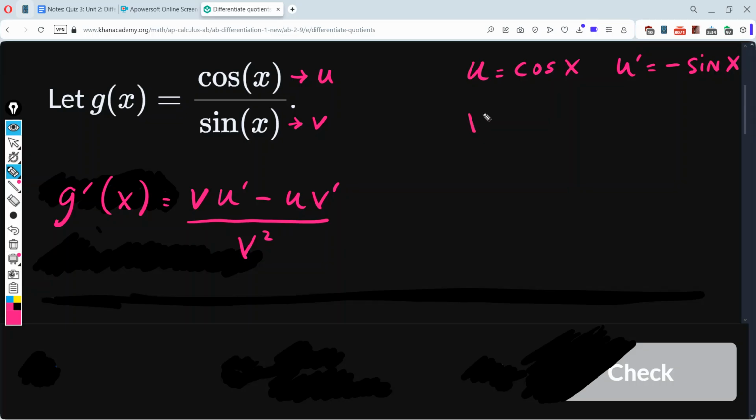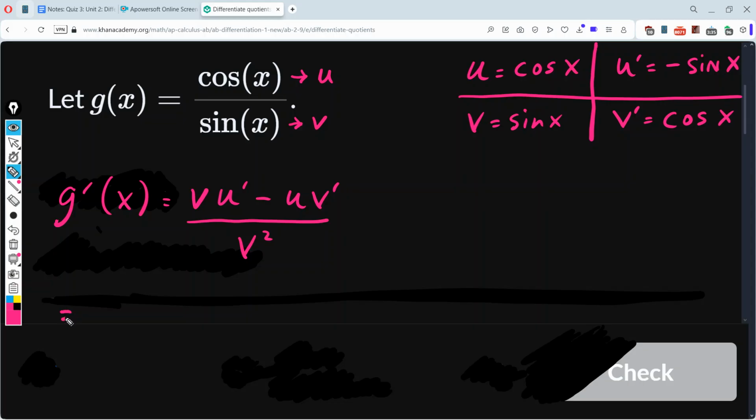Okay, and v is going to be the sine of x. And we said in another exercise, the derivative of the sine is the cosine. All right, so now we have everything we need for the quotient rule.